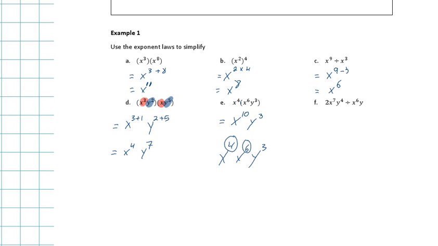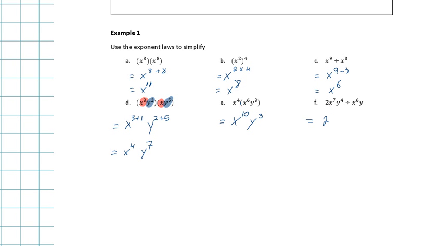2x to the power of 1, y to the power of 3. That's right. So 2, there's no other coefficient that I can simplify the 2 with, right? There's no number right here in front of the x to the power of 6. So 2 is going to stay the same. Now, x to the power of 7 divided by x to the power of 6.